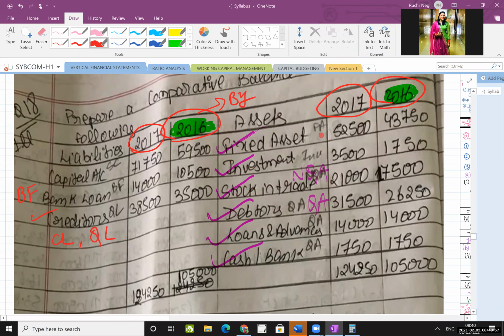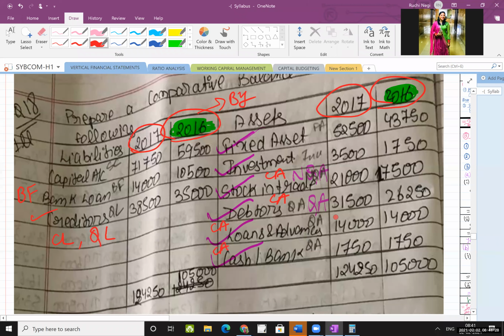Investments I will write separately as long-term investments. Stock in trade is my current assets under the category non-quick. Debtors are my current assets under the category quick assets. Loans and advances, yeah, quick. This is my current assets under the category quick assets. And cash at bank, this is also my current assets under the category quick assets.